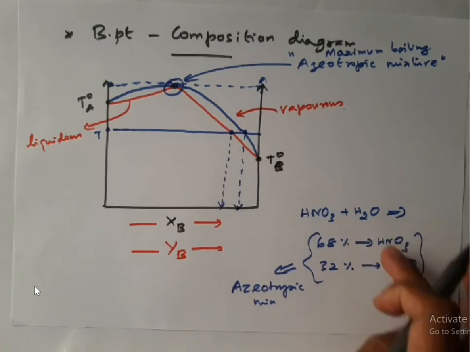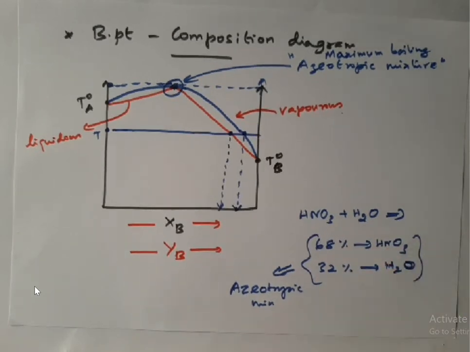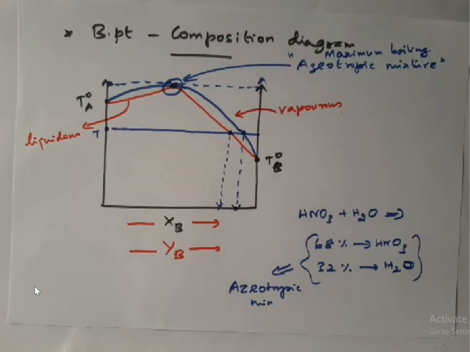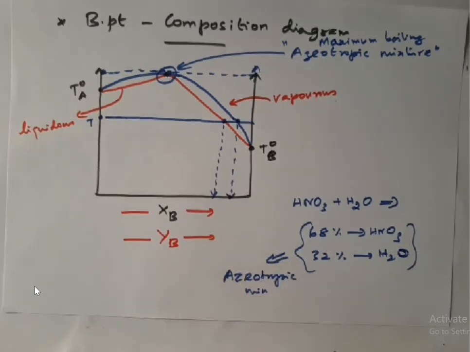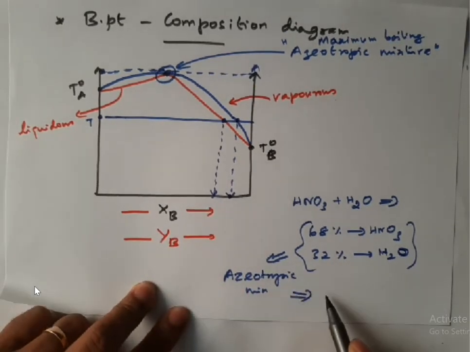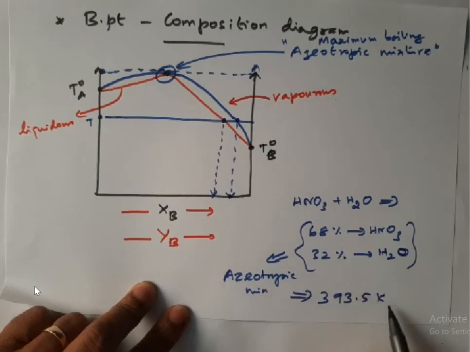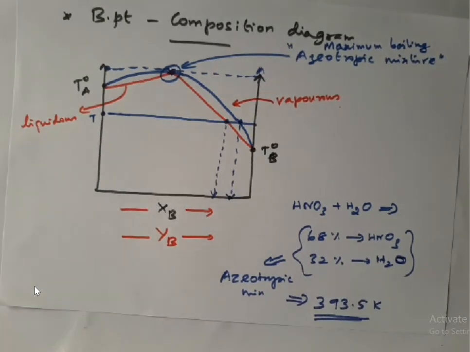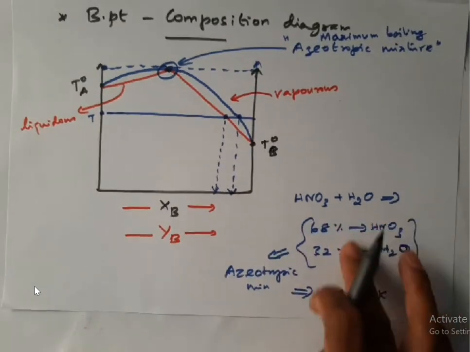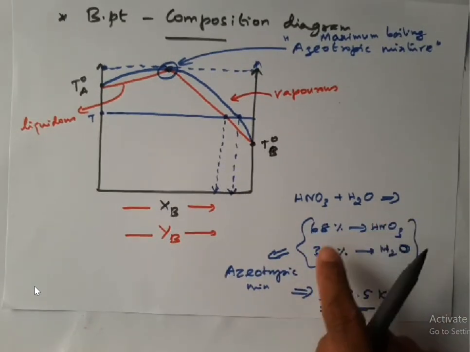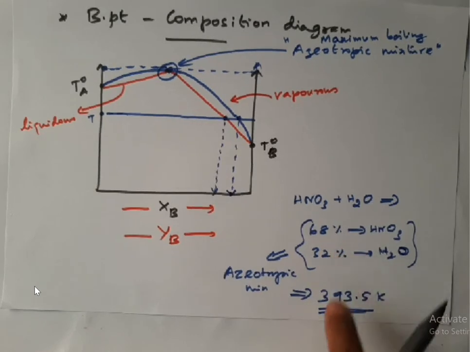You cannot separate nitric acid and water by simple distillation, because you got an azeotropic mixture. For this azeotropic mixture, the maximum boiling point is 393.5 Kelvin.